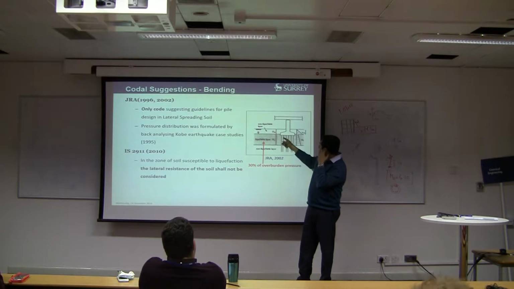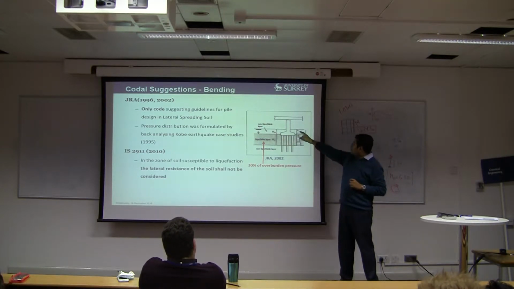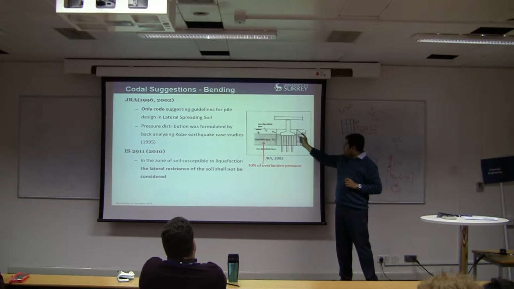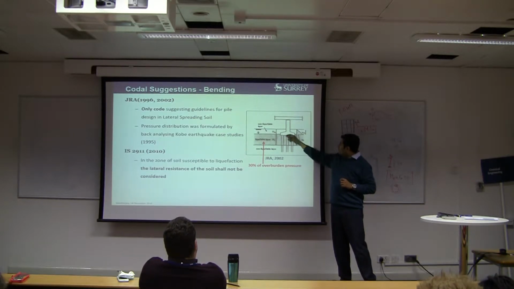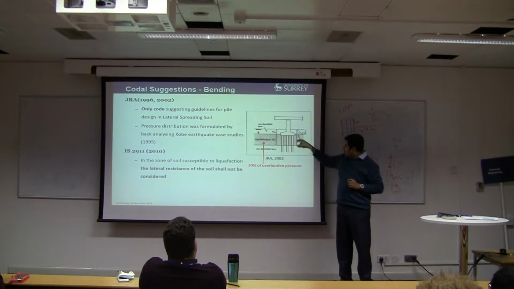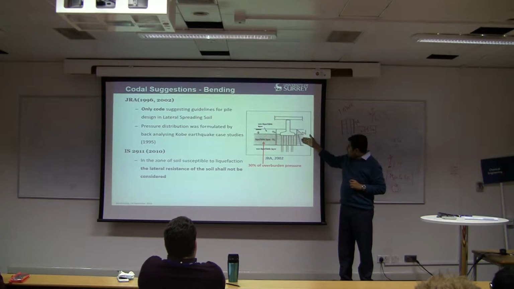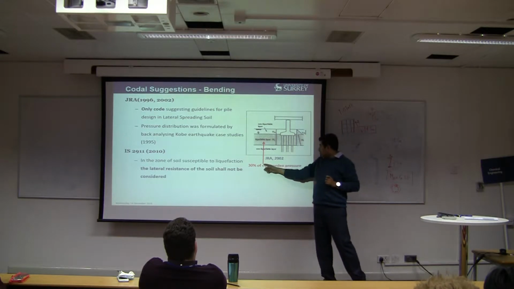To compute the forces, the Japanese code says you find out the passive pressure. This crust will give a passive earth pressure, and you take into account the lateral load on the liquefiable layer as 30% of overburden pressure.